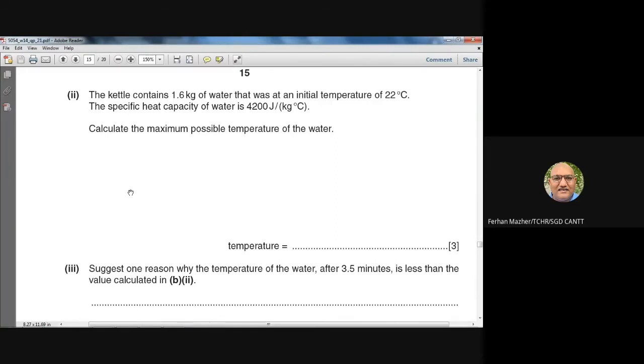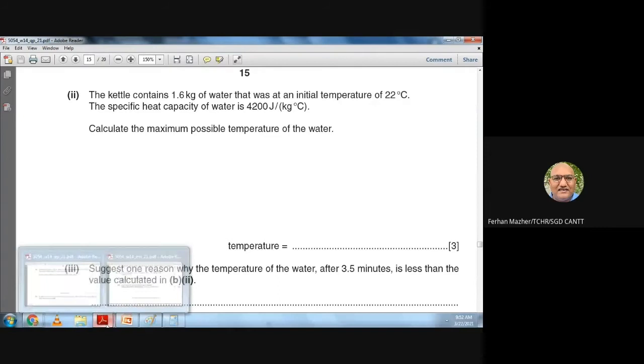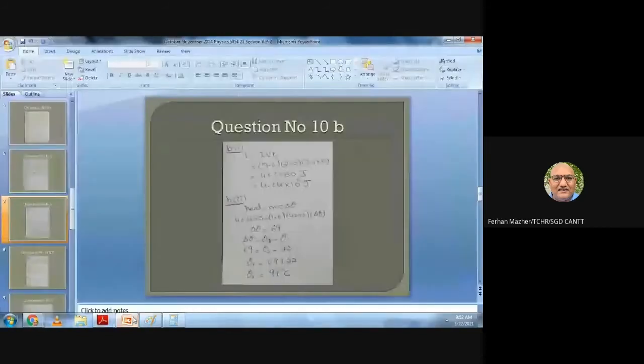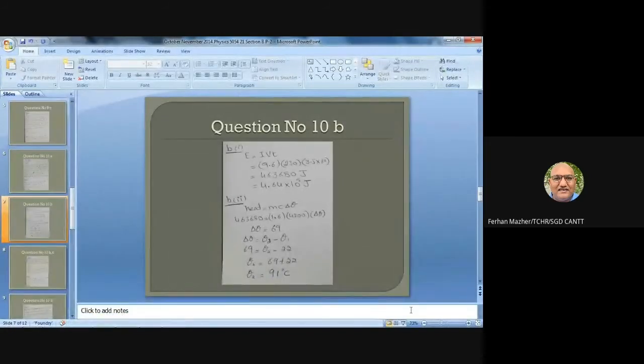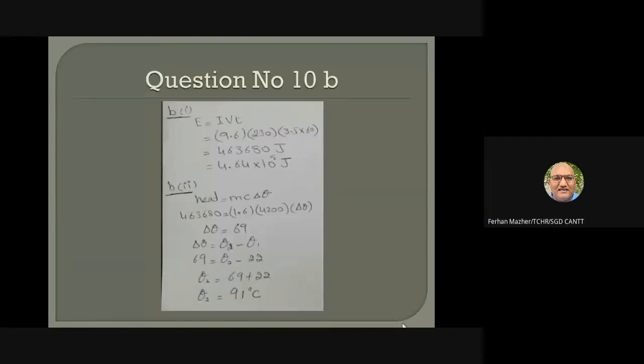Heat equals mc delta theta, where heat means the heat you supplied, m means the mass of the water, c means the specific heat capacity, and delta theta means the change in the temperature. So we will put these values here and calculate the change in temperature. From there, since I know the initial temperature, I will be able to find the final temperature.